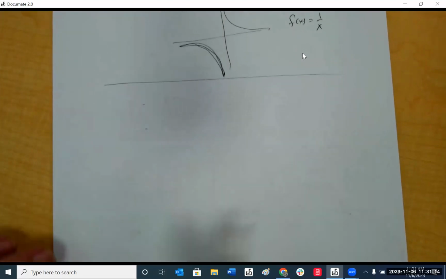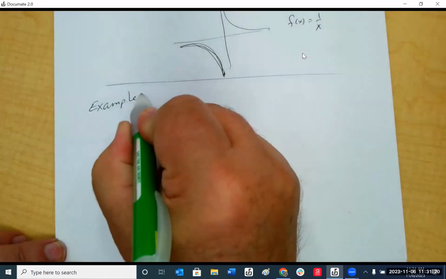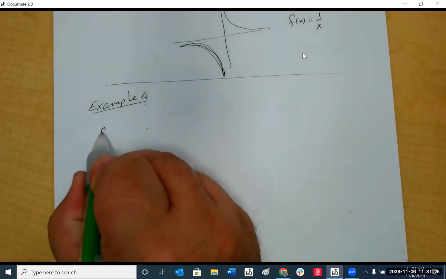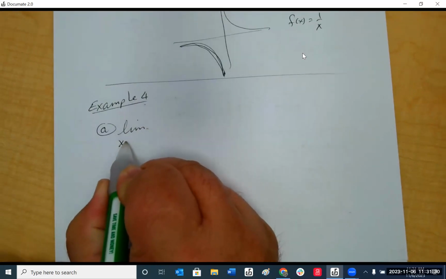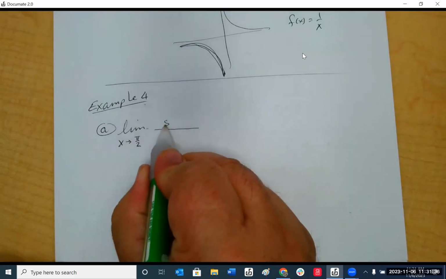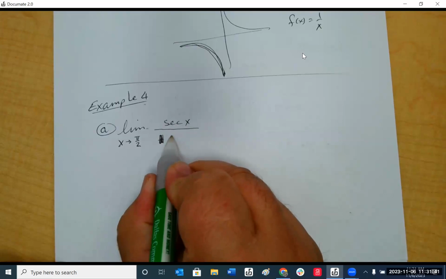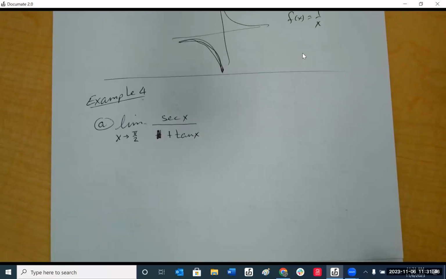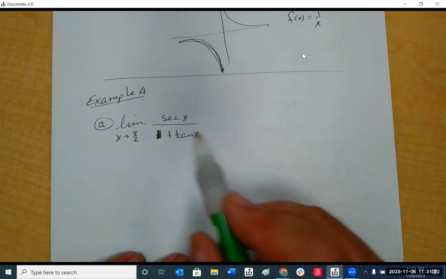So here's example 4. We have the limit as x approaches pi over 2 of secant x over 1 plus tangent x. Secant is 1 over cosine.